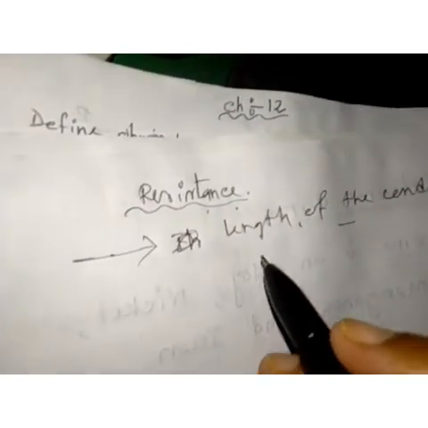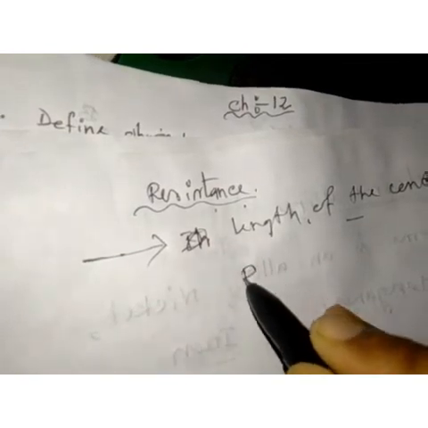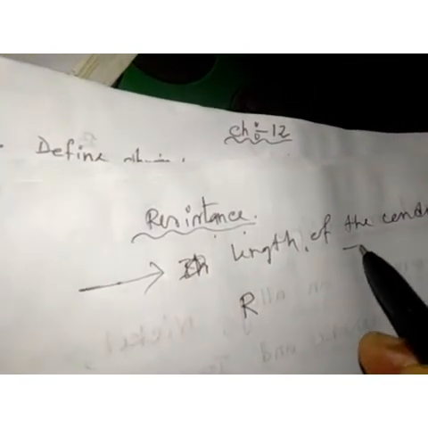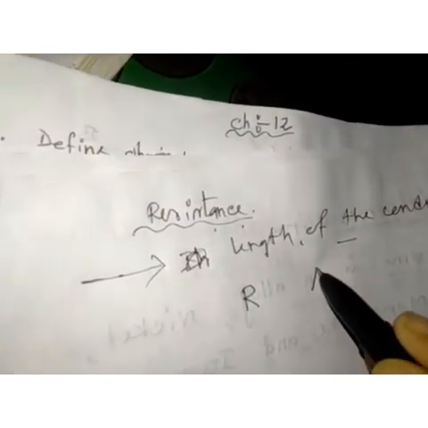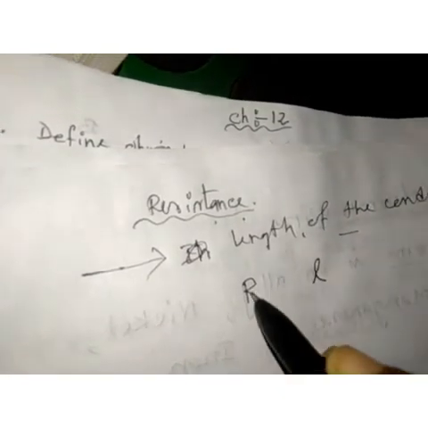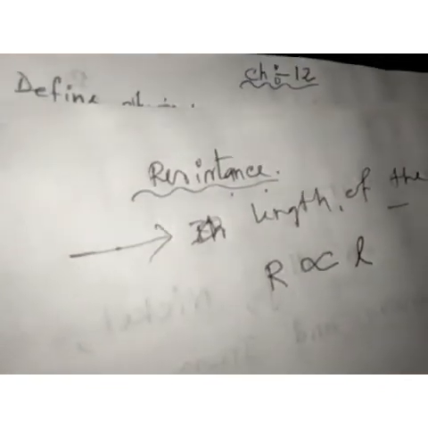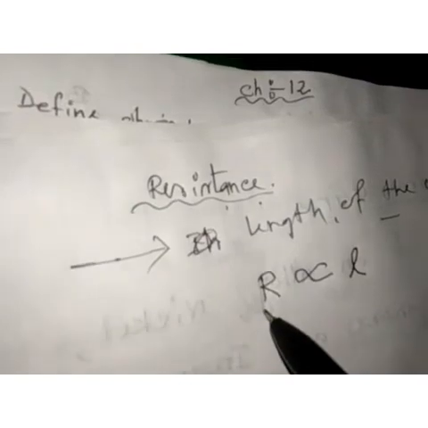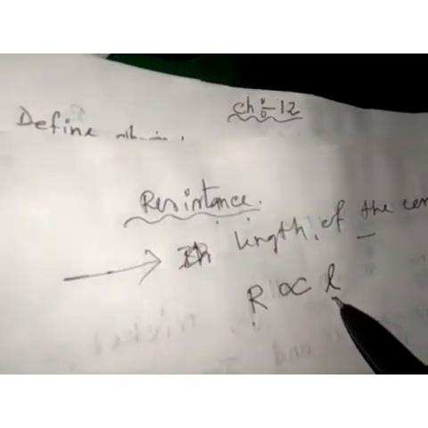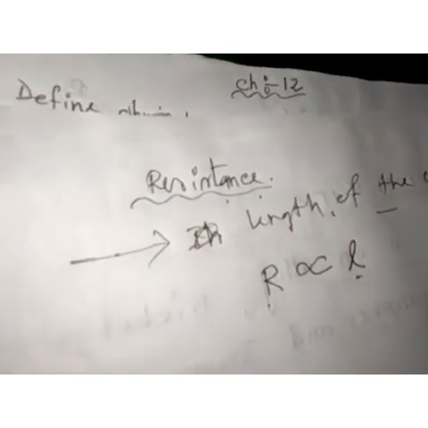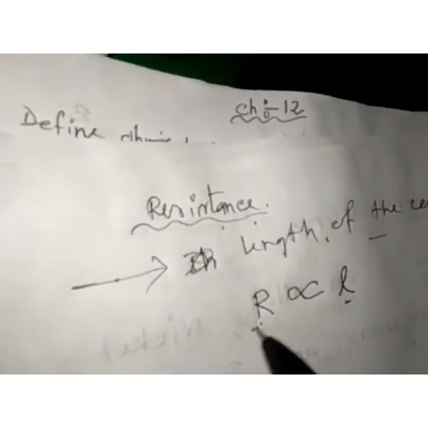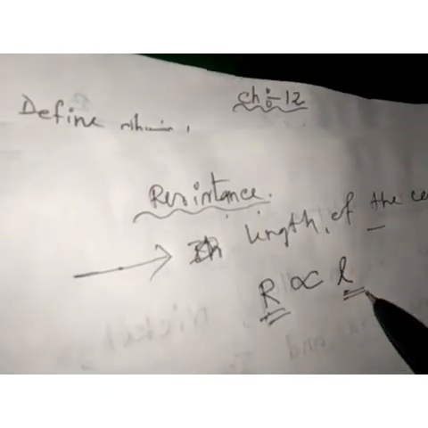That means if resistance is expressed by R and length of the conductor is expressed by letter L, then R is directly proportional to L. Means resistance is directly proportional to the length of the conductor.